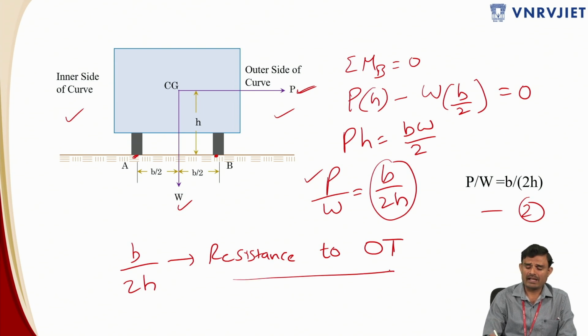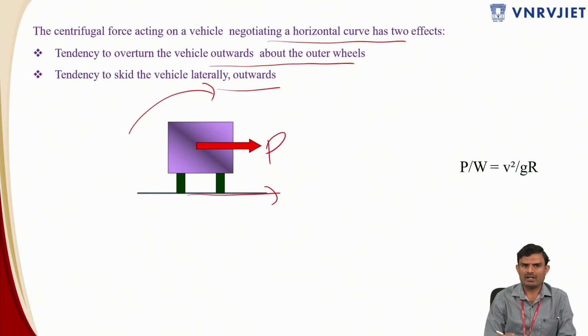It means the higher this value, the higher the resistance to overturning. Chances are that the vehicle may not undergo overturning if this value is higher, because the name itself is resistance to overturning. In the previous slide we discussed the tendency of the vehicle to overturn outwards about the outer wheel.